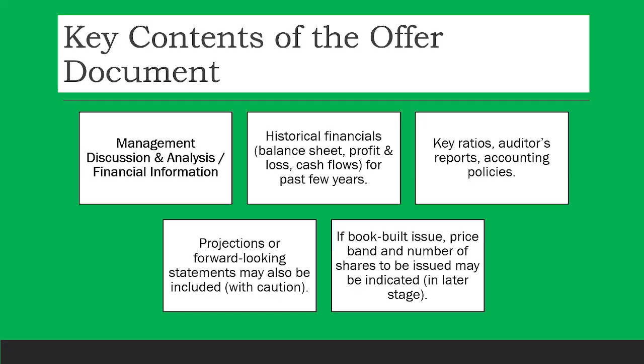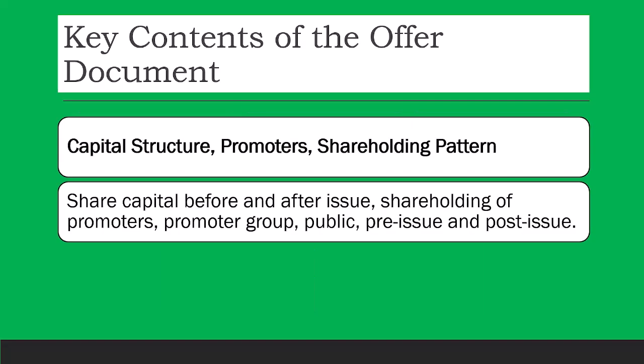So basically, in this offer document, they are going to give historical financial statements like profit and loss, balance sheet, the auditor's report, what accounting policies they are following, and they can also give forward-looking statements on how the company is going to do in future. And in case of book build, the price band and number of shares to be issued. Okay, read further.